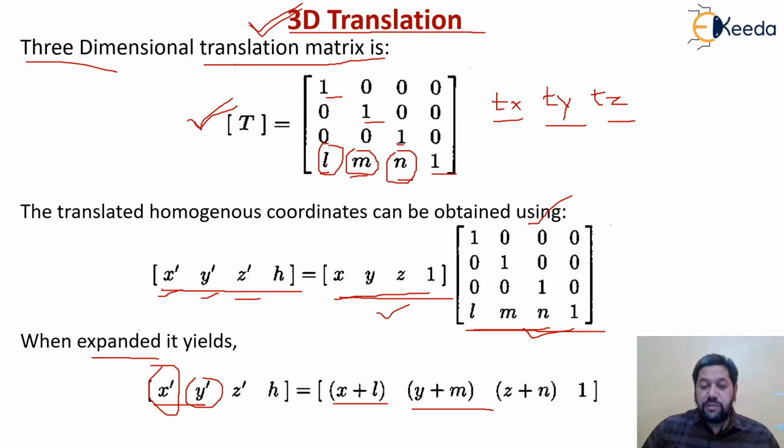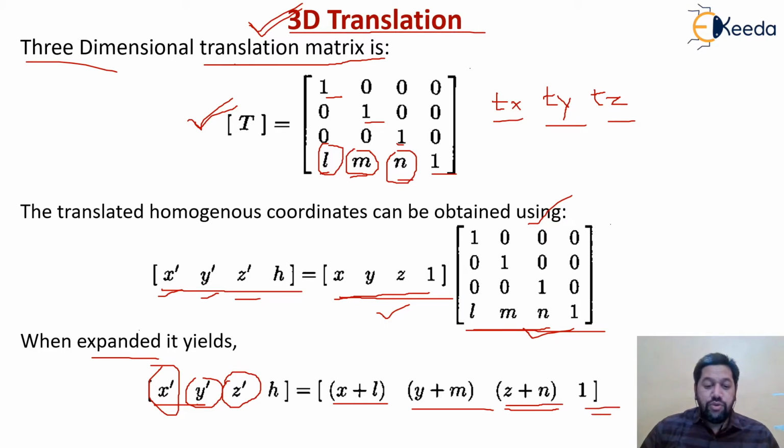L is my Tx, M is Ty, and N is Tz, so you can also write it here as Tx, Ty, and Tz, but generally we represent it as L, M, and N. So y dash is equal to y plus M. What is the value of z dash? Z dash is equal to z plus N, and obviously h is equal to 1.